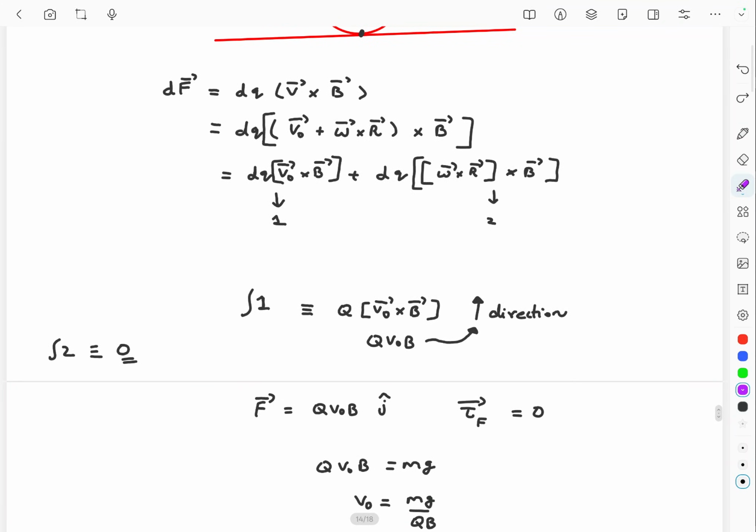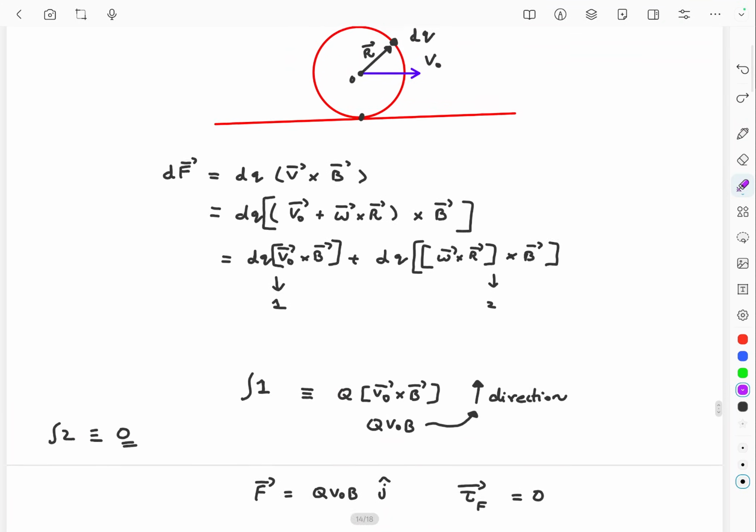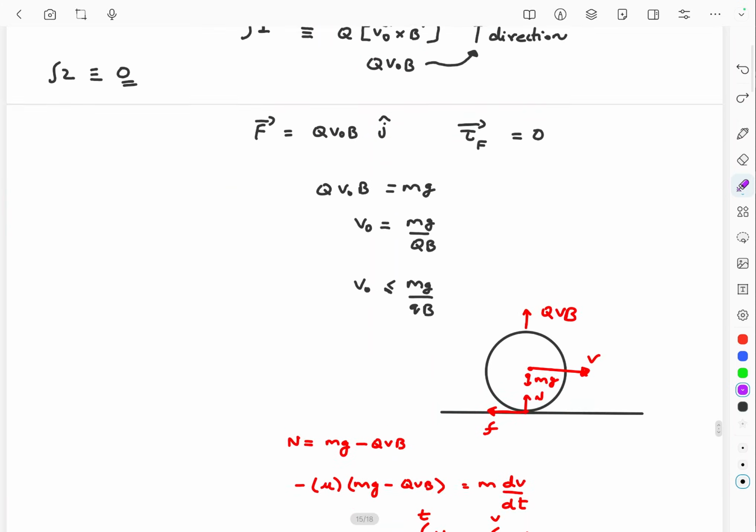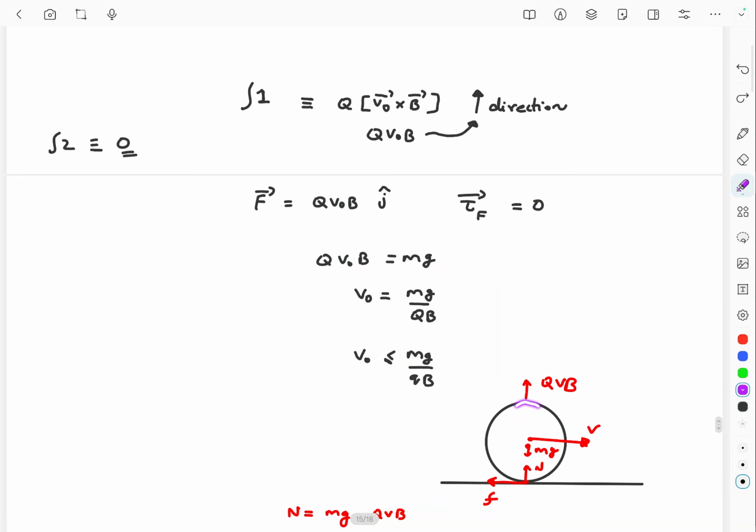All right, so for finding out the condition, we needed to find out the condition in which the normal force started to become 0. If you look at the FBD of the ring, we have this constant force of QVB, and mg, and normal, right? So if QVB is greater than mg, then the ring is lifted up from the ground. So that critical velocity V0 should be just equal to mg in the limiting case, and from that we get the velocity as mg divided by qb.